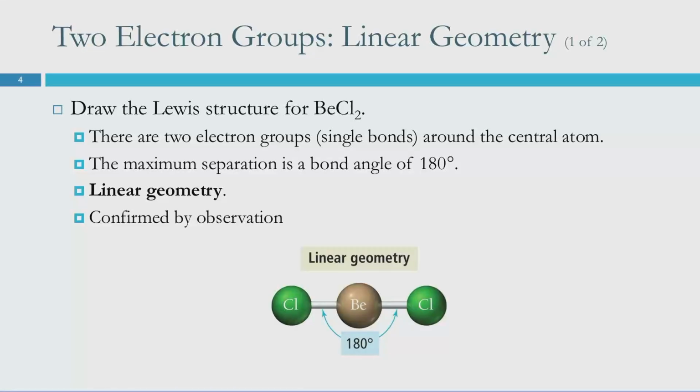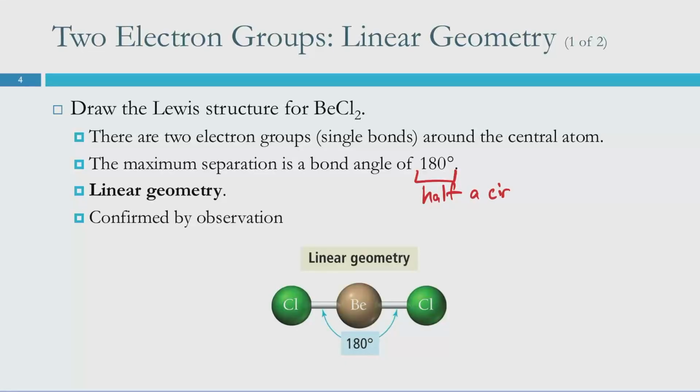If you've got two things and they're around a central atom, the furthest that they can get away from each other is complete opposites, right? If my hands here are each an electron group, an atom, the furthest that I can get them away from each other is on complete opposite sides. And that'll have a bond angle of 180 degrees.